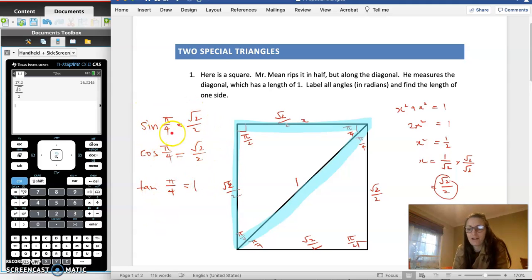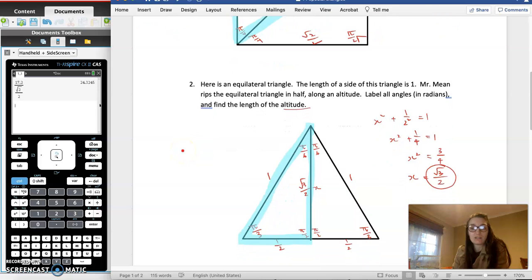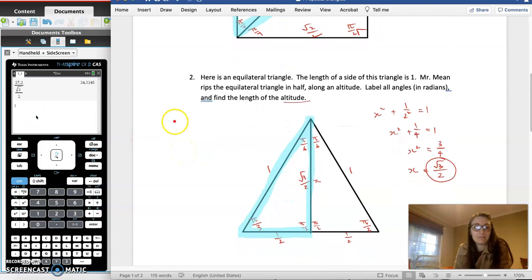Usually if I said find sine of a number, you have to put that into your calculator to find the answer. Whereas now, because you are going to get so familiar with these triangles and these values, you can figure these out without a calculator. So our next triangle down here, let's do our pi on 6 angle first.